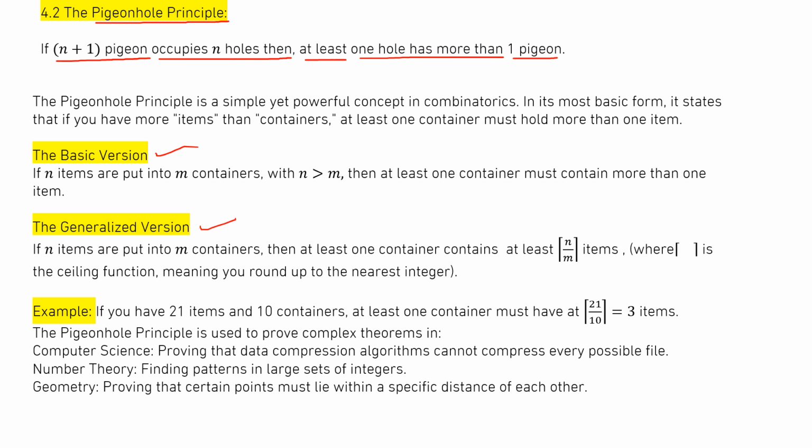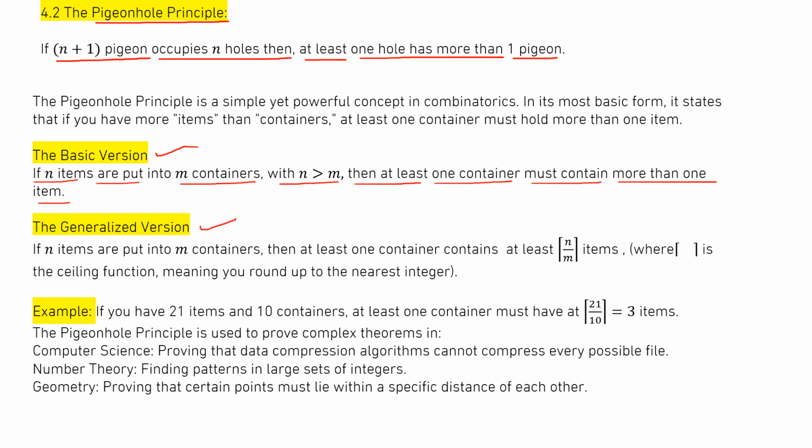The basic version tells that if n items are going to be put into m containers with the condition n is greater than m, then at least one container must contain more than one item.